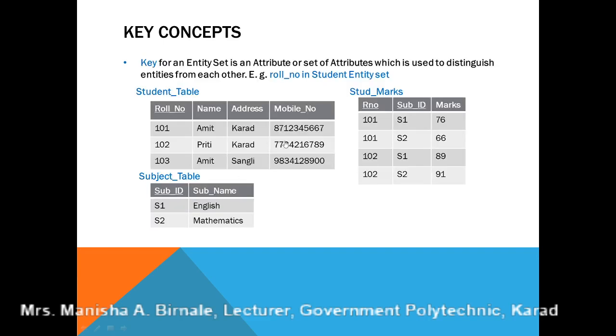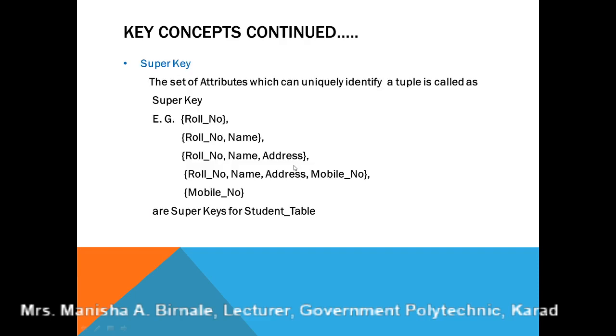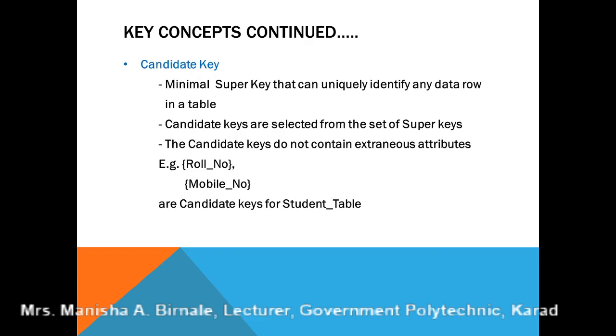Similarly, you can see that the mobile number of every student is unique. It is not repeated here. So the set consisting of only mobile number will also work as a super key. So all are super keys of the student table, which means there may be more than one super key for one table.